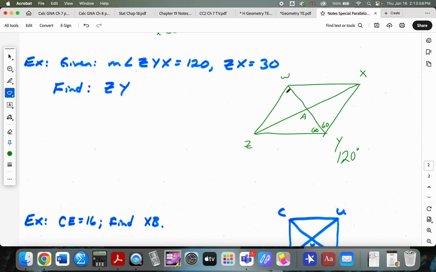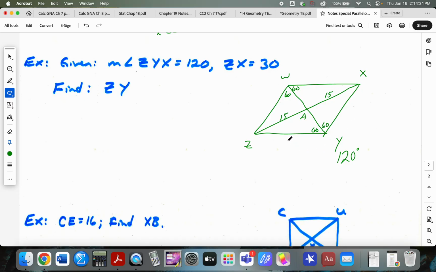And these both have to be 60. Then they tell us the length of ZX is 30. So if ZX is 30, that's hard to write on here. What do we know? 15 for Z. Yeah, it's 15 and 15.